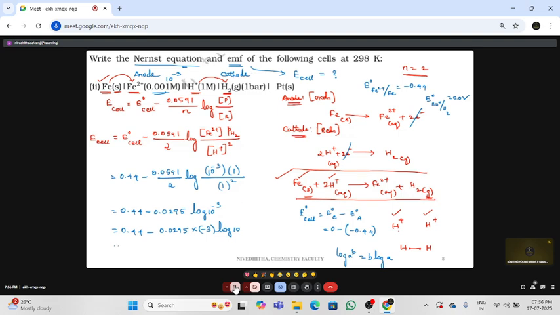See, 0.44 minus into minus, it is going to be plus. If you round off this value, it is 0.03, right?